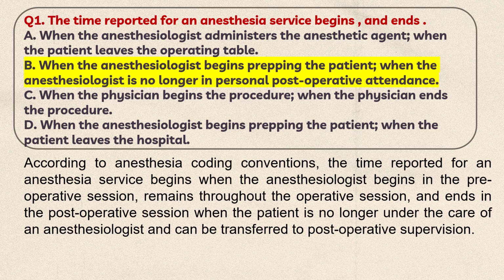According to anesthesia coding conventions, the time reported for an anesthesia service begins when the anesthesiologist begins a pre-operative session, remains throughout the operative session, and ends in the post-operative session when the patient is no longer under the care of an anesthesiologist and can be transferred to post-operative supervision.